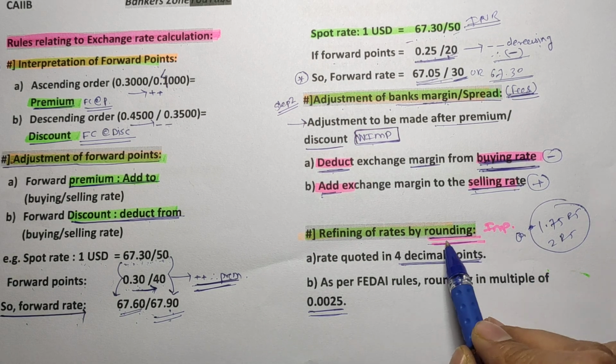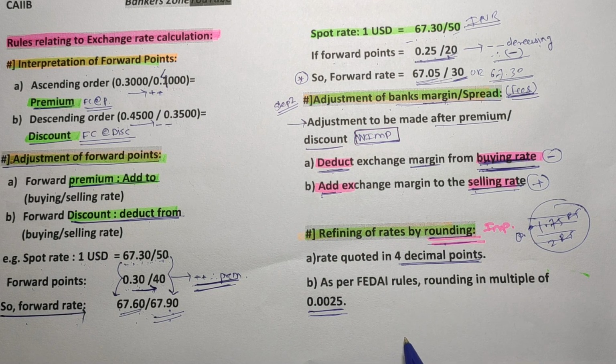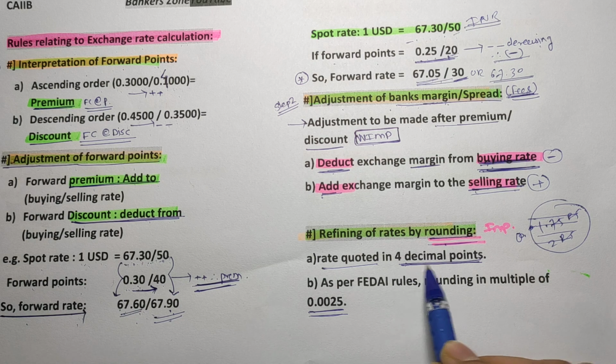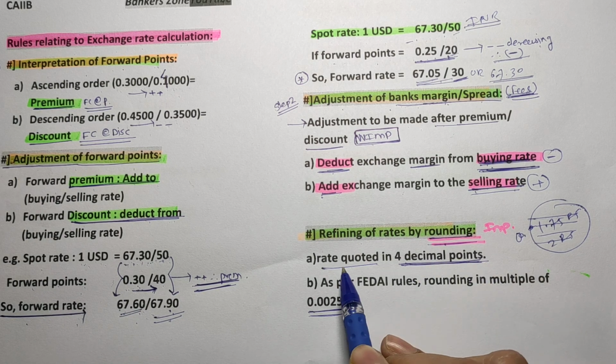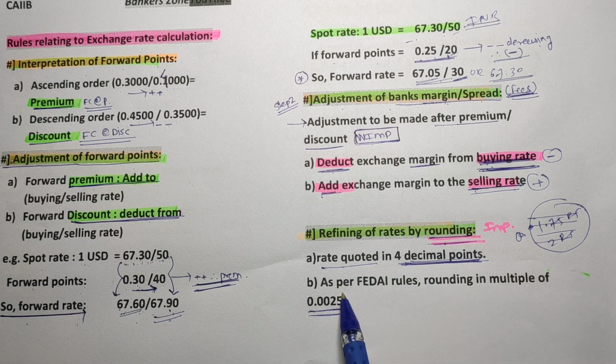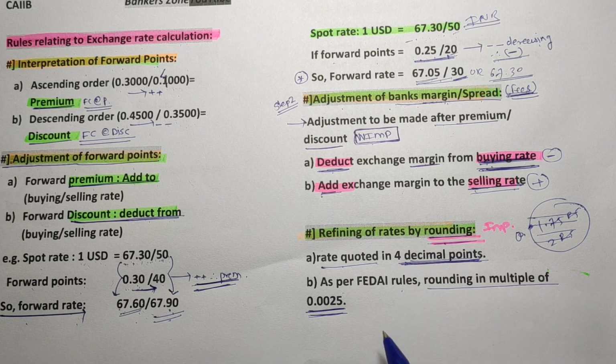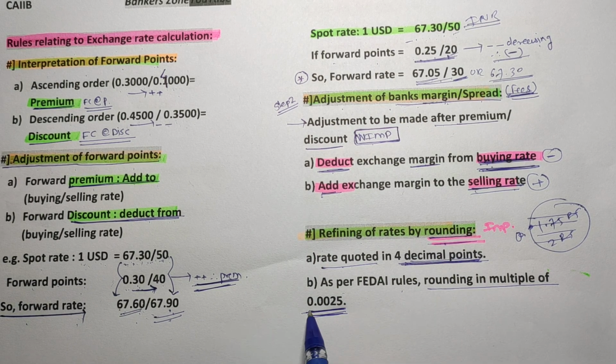That is basically the concept of rounding. In foreign exchange, the rate is generally quoted up to 4 decimal points, and as per the FEDAI rules, rounding is in multiples of 0.0025. That means we have to round off the last 2 digits.